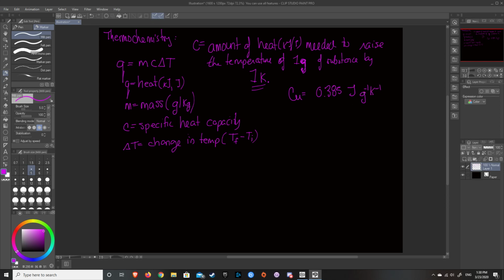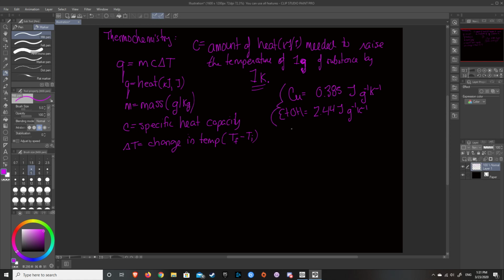So joules per gram per Kelvin. Whereas ethanol, EtOH, has a specific heat capacity of 2.44 joules per gram per Kelvin. So how can we compare them?